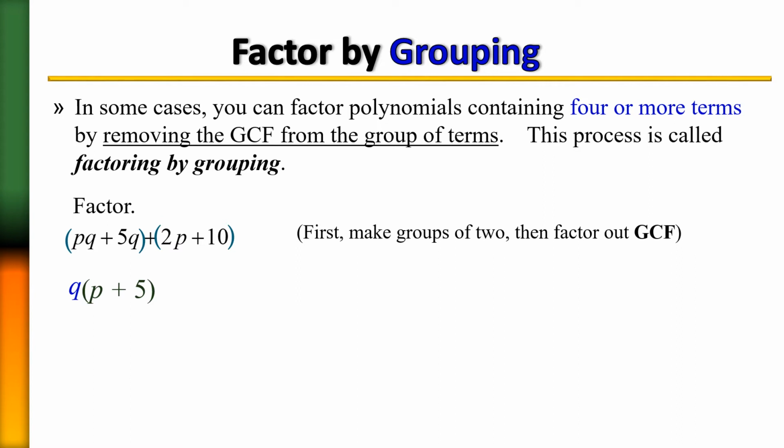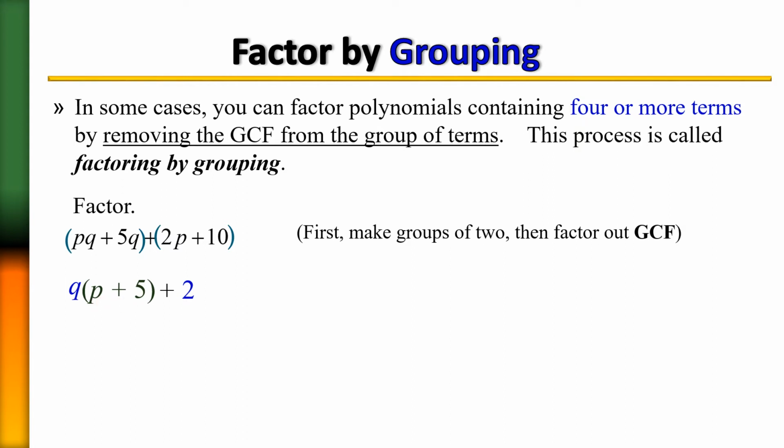They do not both share a P, so P cannot be part of that GCF. So I'm going to write the GCF outside, a positive 2. And once we take that 2 out, what are we left with? Here's a hint: it should be the same remaining term as the first group had.